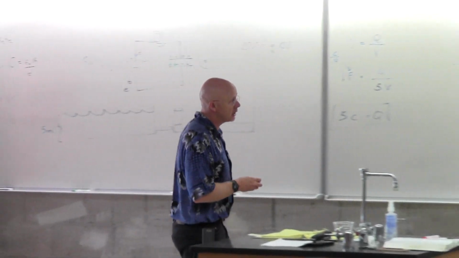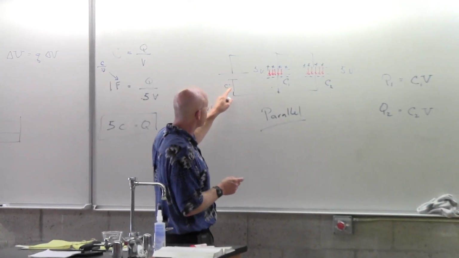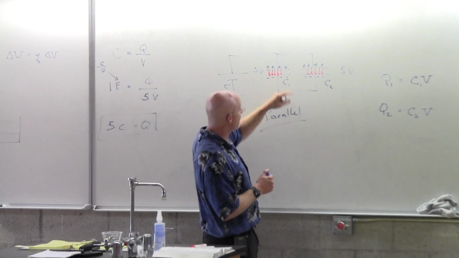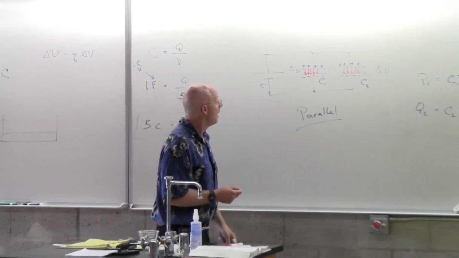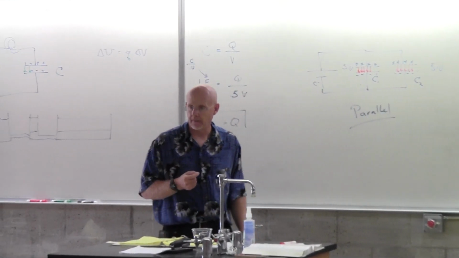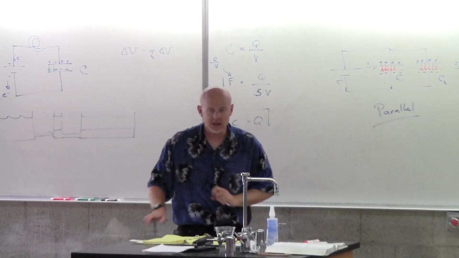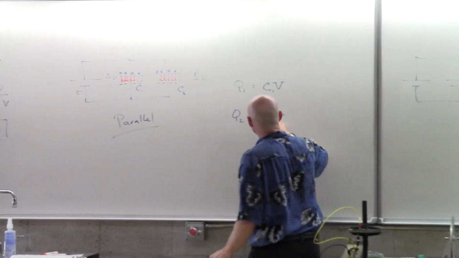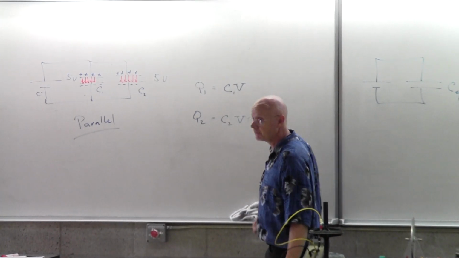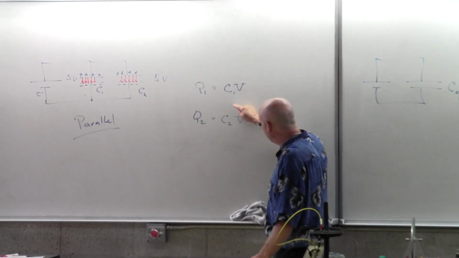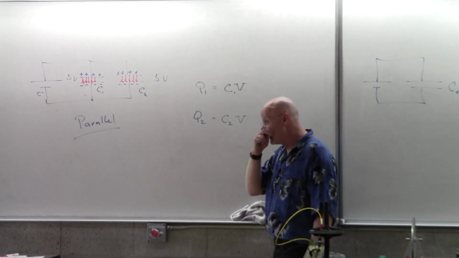In fact, let's take a look at this. You already told me that the voltage on each capacitor would come out to be the same. What about the charge? Is the charge on each of them the same? No, not necessarily, right? What do you notice? The charge is what? Right. They could have different capacitance.